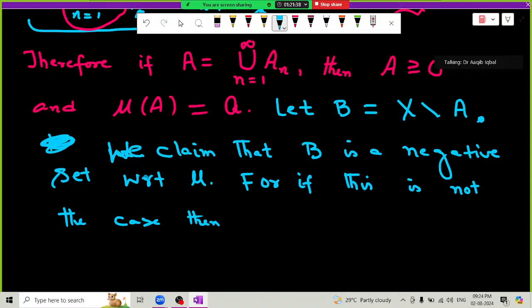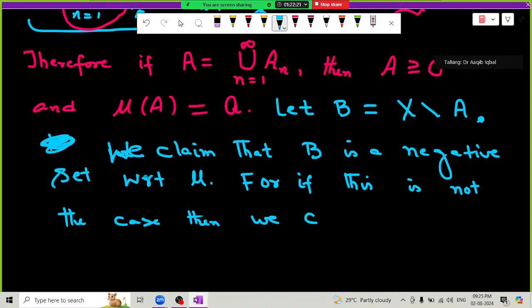Negative set means signed mu measure of every measurable portion of B is less than or equal to 0. वही होता ना negative set. तो मैं आपसे कह रहा हूँ कि इसके हर एक measurable portion का अगर आप mu signed measure लेंगे, it will be something which is less than or equal to 0. अब अगर ऐसा नहीं है तो फिर B का एक measurable portion होगा which has positive signed measure.